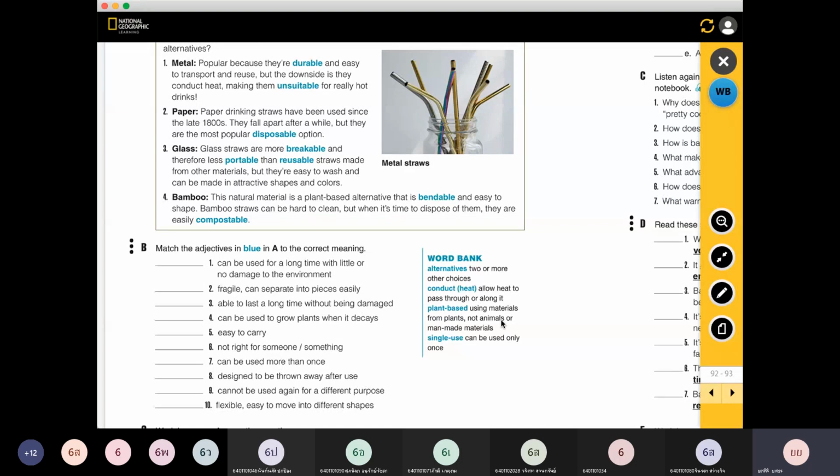Plant-based is just like the things that are made from plants, right? But this word is more suitable, I would say, to use related to food rather than just materials here.